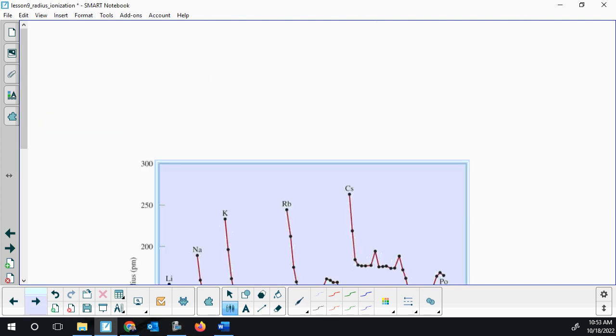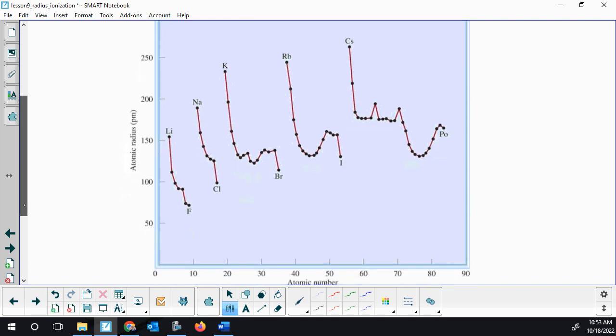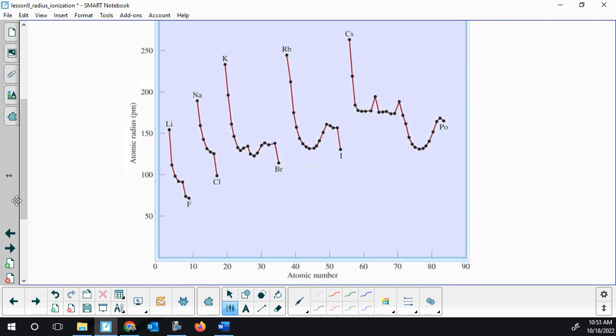Okay. So a nice graphic of our trends. It's not perfect, but if we look at atomic number and size, as we go across, this is period 2. We pretty much have a perfect trend from lithium across to fluorine. The noble gases aren't included on this graphic. It's getting smaller and smaller from lithium to fluorine. If we look at period 3, pretty much the perfect trend again from sodium to chlorine.